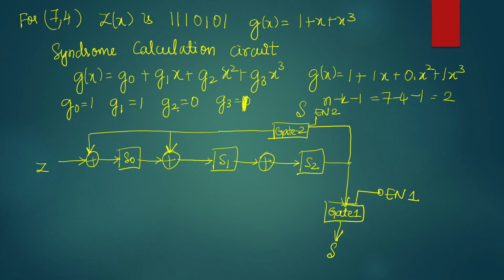But you can see over here g2 is equal to 0, so there would be no connection over here. Instead you can erase this entire modulo 2 adder, and just connect S1 and S2. G3 is anyway equal to 1, so S2 is taken out as an output. The output of S2 would be G3, and therefore that is taken out.